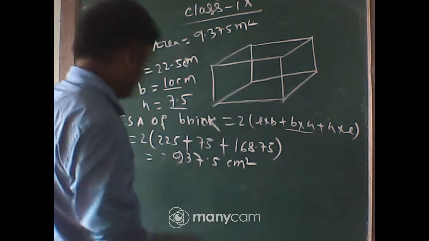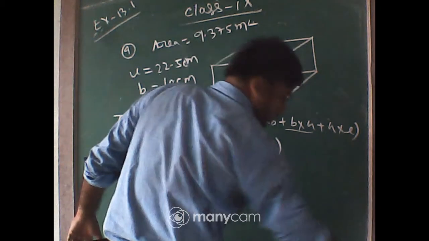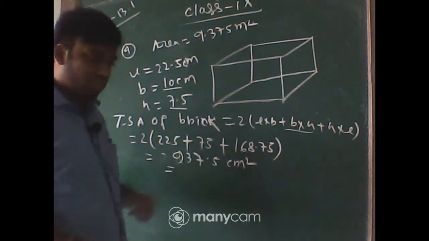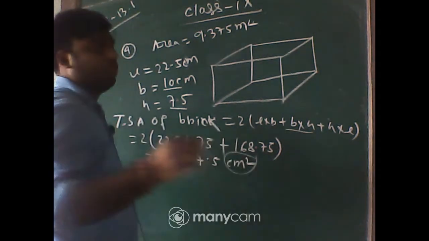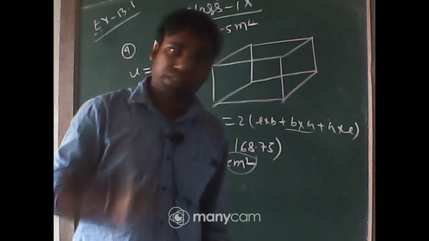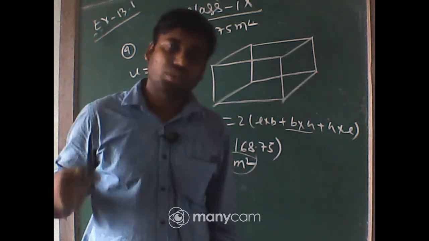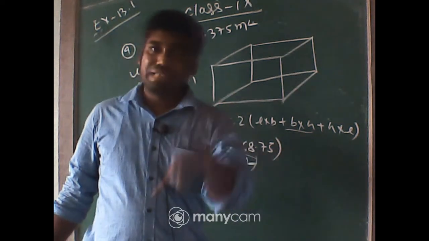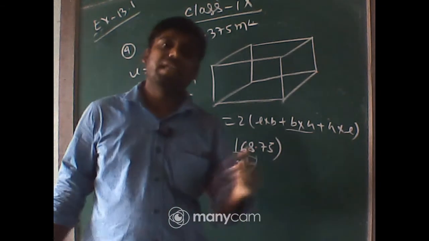What will I do here? Tell me quickly. That is 937.5 centimeter square. Now we have to convert it into meter square. Students, centimeter square means centimeter into centimeter. Now for centimeter to meter, centimeter is divided by 100. Got it everyone? So if I change centimeter into meter, centimeter will be divided by 100.